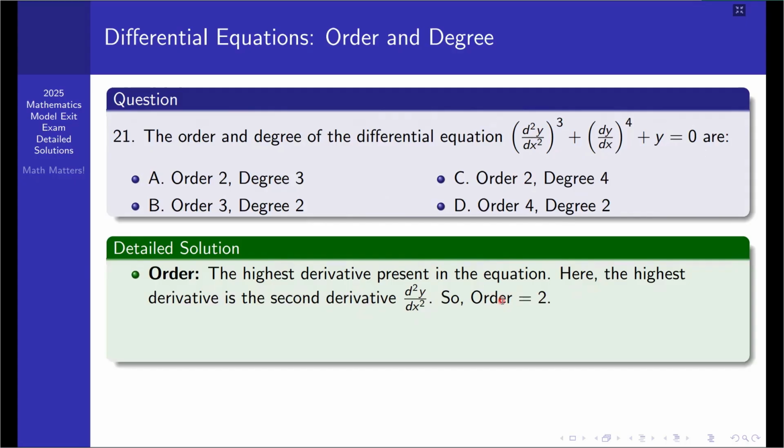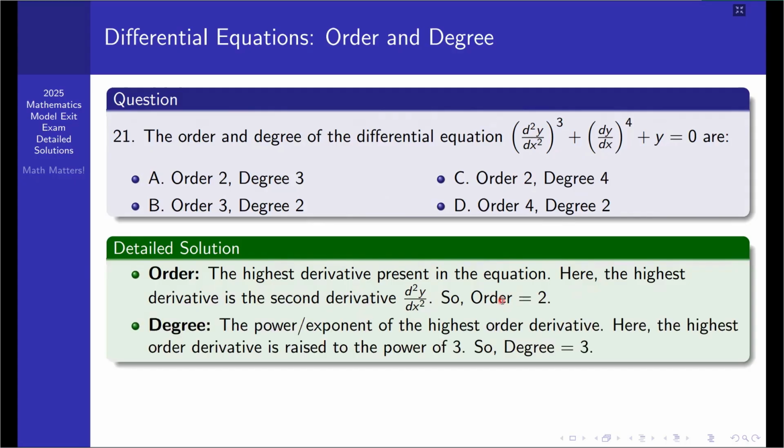Similarly, the degree of this differential equation means the power or exponent of the highest order derivative. Here the highest order derivative is d squared y by dx squared, so the exponent related to this derivative is 3.